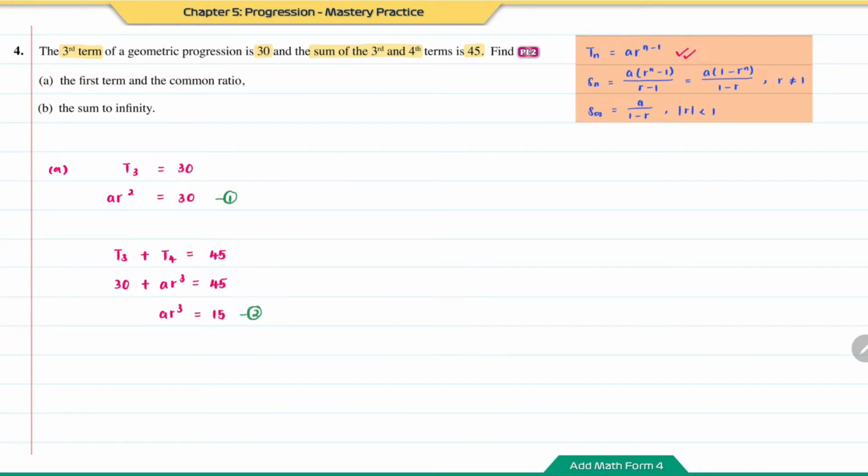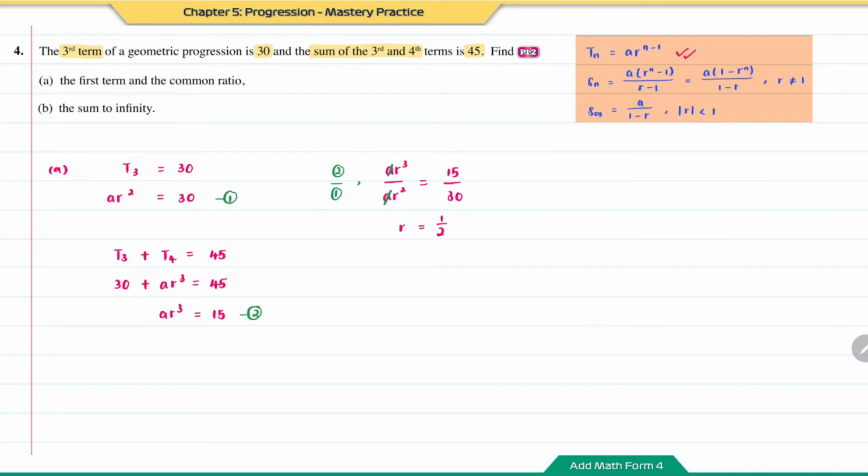Now, to find the common ratio, I'm going to use equation 2 divided by equation 1. So it's going to be AR to the power of 3 divided by AR squared equal to 15 divided by 30. Here the A will be cancelled. So R to the power of 3 divided by R to the power of 2 is equal to R. 15 divided by 30 is 1 over 2.